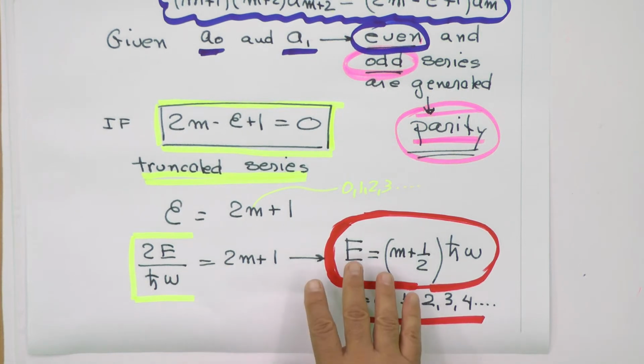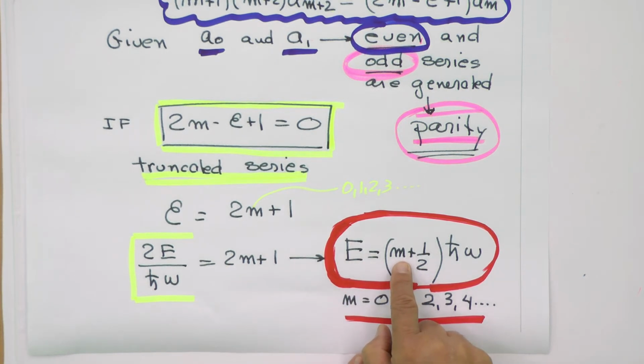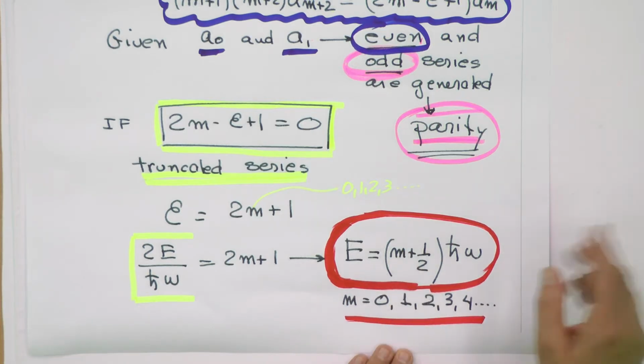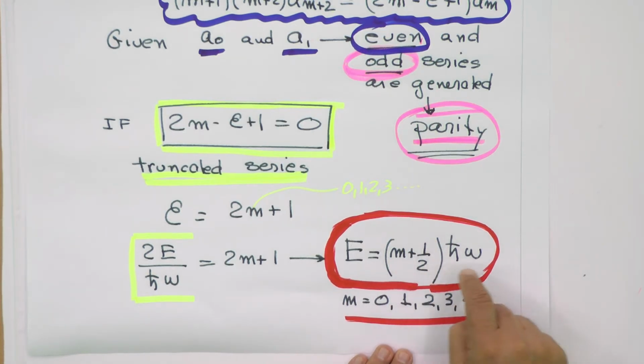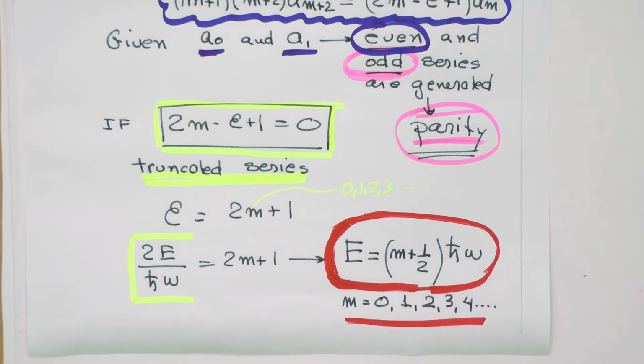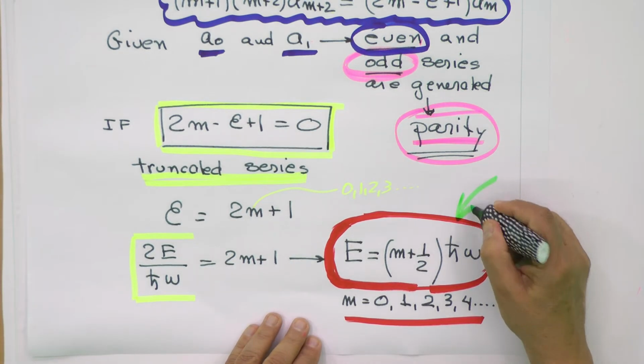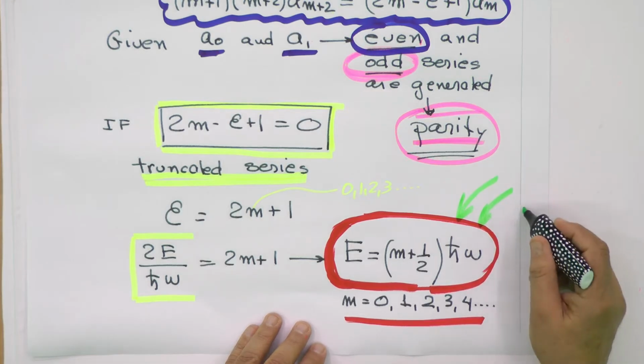So the value of the energy is an integer number that can be 0, 1, 2, 3, and so on, plus half, times h bar omega. So already I got the energy spectrum for the harmonic oscillator. The energy cannot be anything.